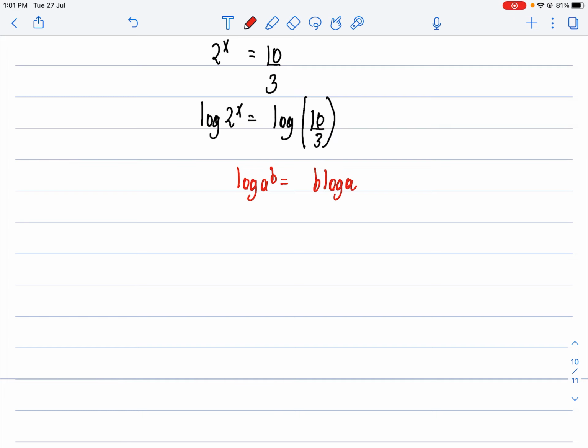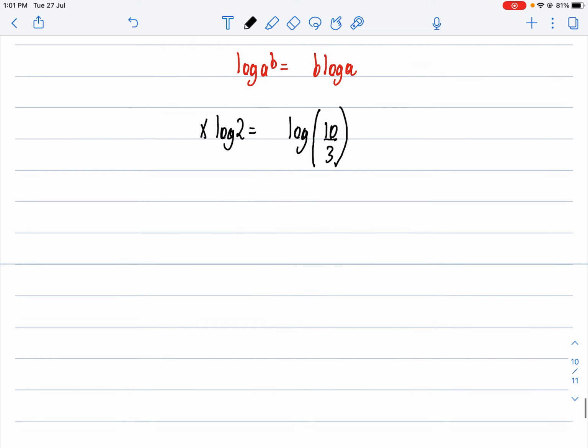So I can write this as x log 2, which is equal to log of 10 over 3, which I can write as x equals the log of 10 over 3 divided by the log of 2, which I can now solve on the calci.